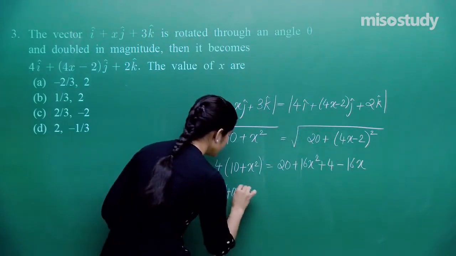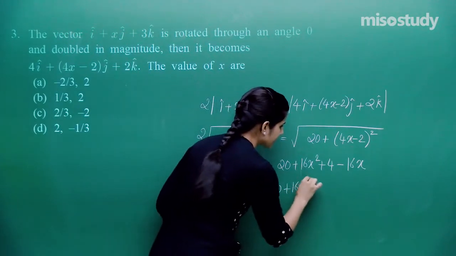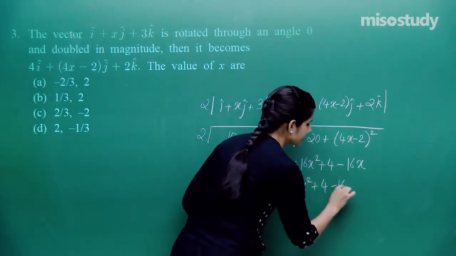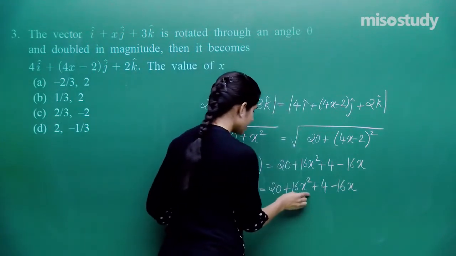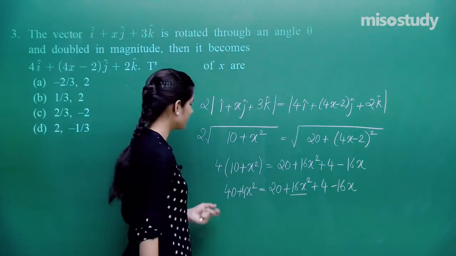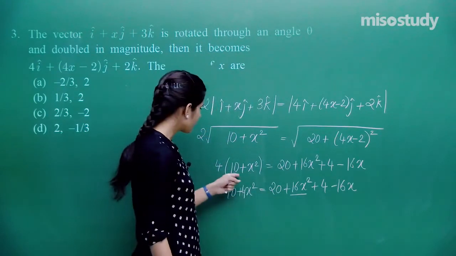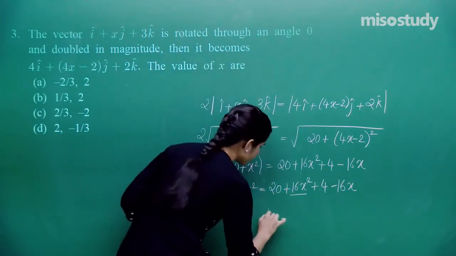You have 4 times 10 plus x square, which is 40 plus 4x square, equals 20 plus 16x square plus 4 minus 16x. Now, 16x square, this is not x square, this is 4x square, right? So 16x square minus 4x square gives you 12x square.